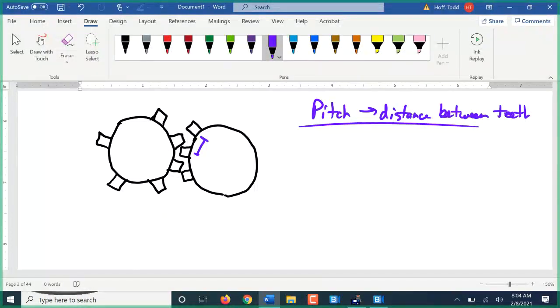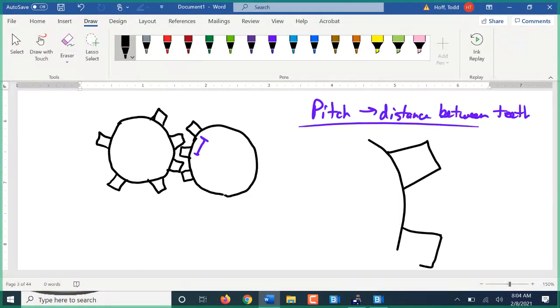A lot of the things that we are working with, you can see when these teeth come together here, they're not all the way in. This is one gear. Here's its teeth. Here's the gear it's meshing with.